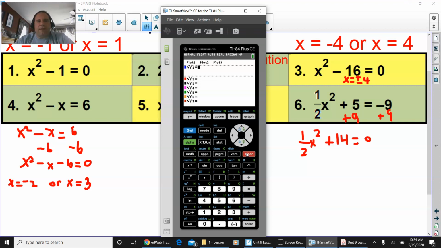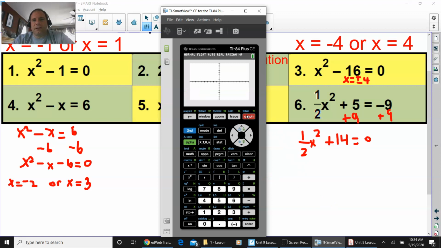Right, so I'm going to graph that as, I could put 0.5x, or I could just press alpha x and bring up that nice handy fractions symbol there, and then half x squared plus 14, and that is it. Right, now we could press graph and just take a look at what we have.